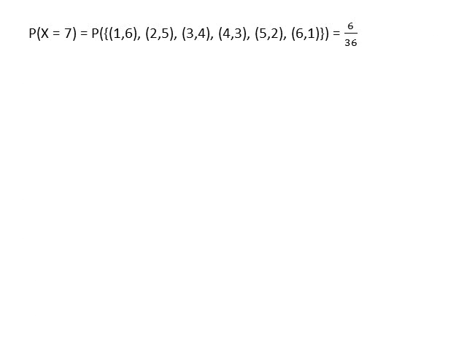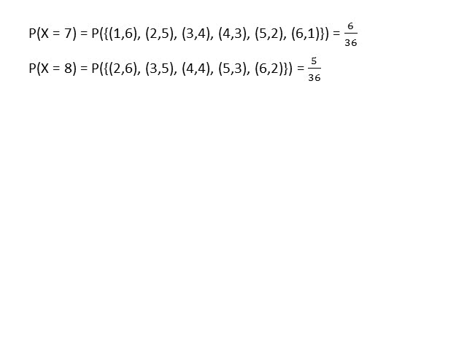As (1,6), (2,5), (3,4), (4,3), (5,2) and (6,1) are six favorable outcomes for the sum of numbers equal to 7, the probability of x = 7 is 6/36. (2,6), (3,5), (4,4), (5,3), (6,2) are five favorable outcomes for the sum equal to 8.